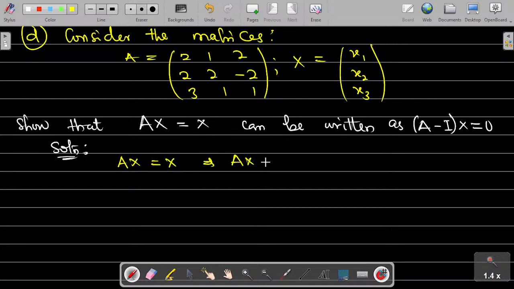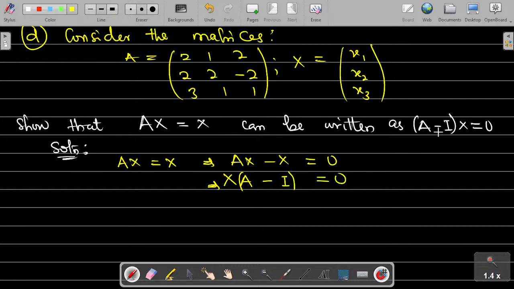AX, this one comes over, you will get minus X equal to 0, and that's going to give you, if you factorize, bringing X out, A will be left here, and then here will be 1, and 1 in matrices is the identity matrix, is equal to 0.